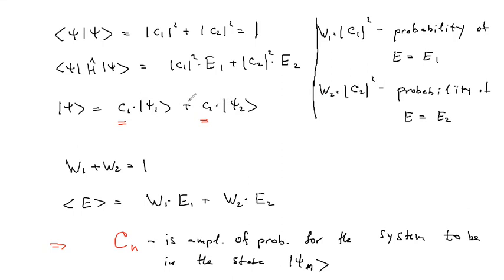So you have different probabilities. And this is one of the important moments in quantum mechanics. It's called superposition in quantum mechanics.